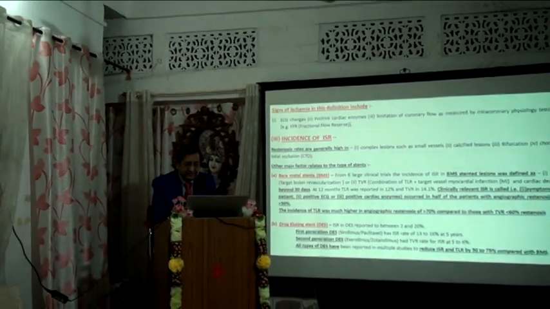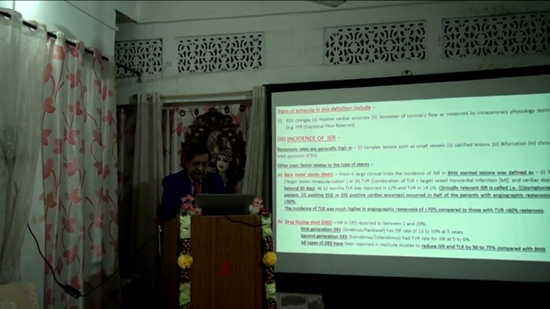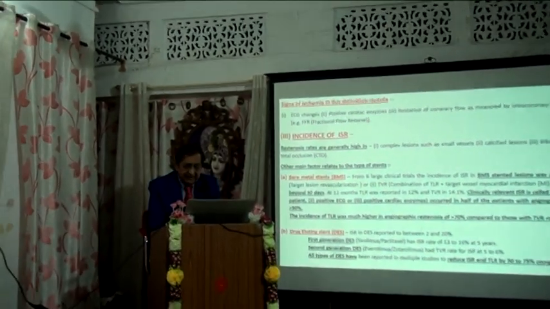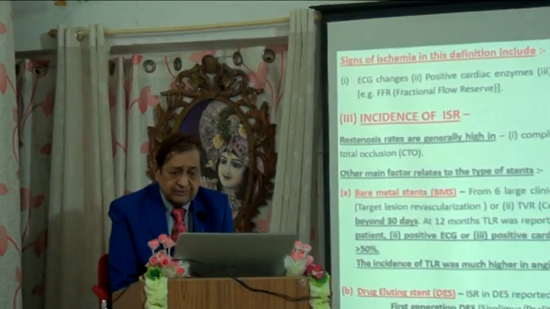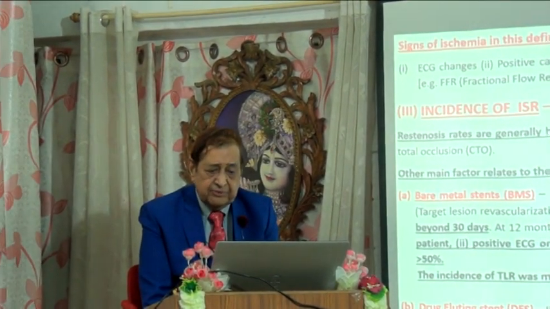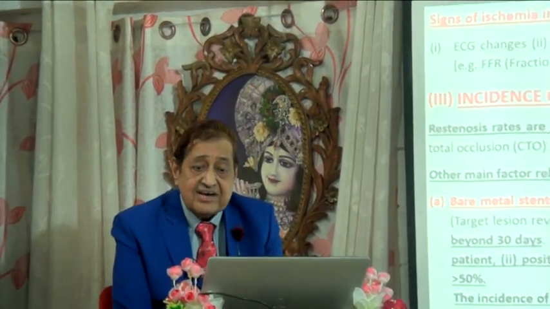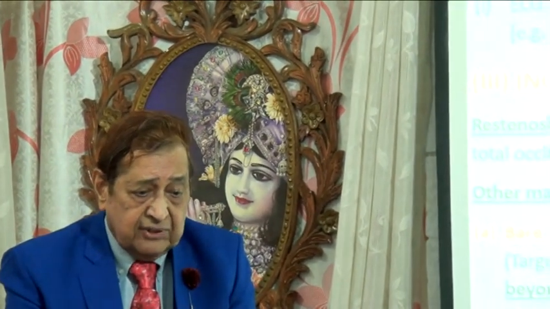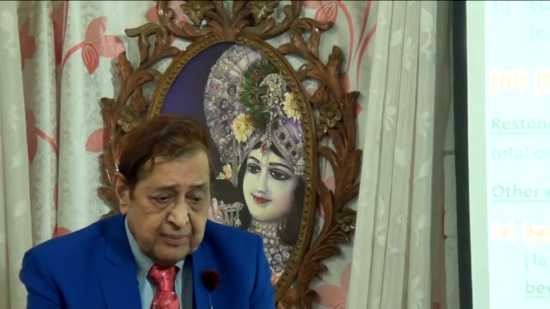First generation DES, known as sirolimus and paclitaxel, have an ISR rate of 13 to 16% at 5 years. Second generation drug-eluting stents, called everolimus and zotarolimus, had a TVR rate for ISR of 5 to 6%.